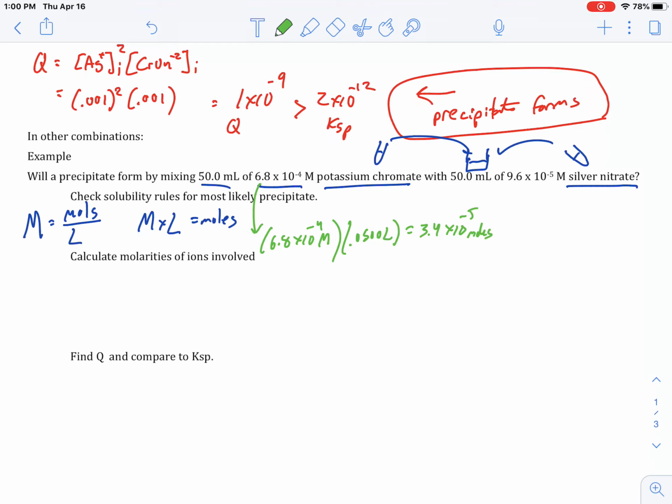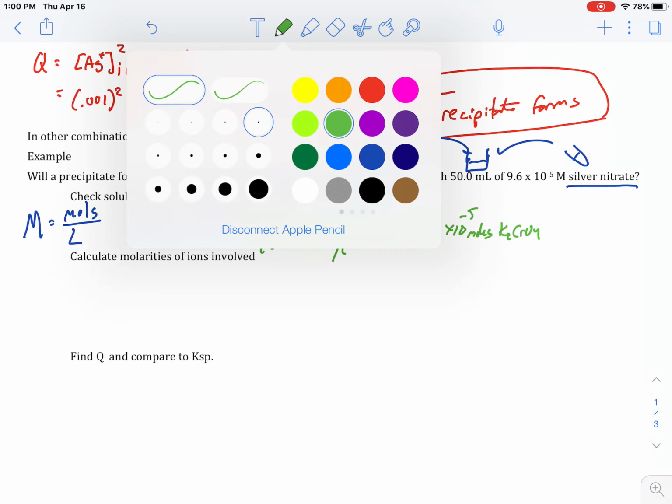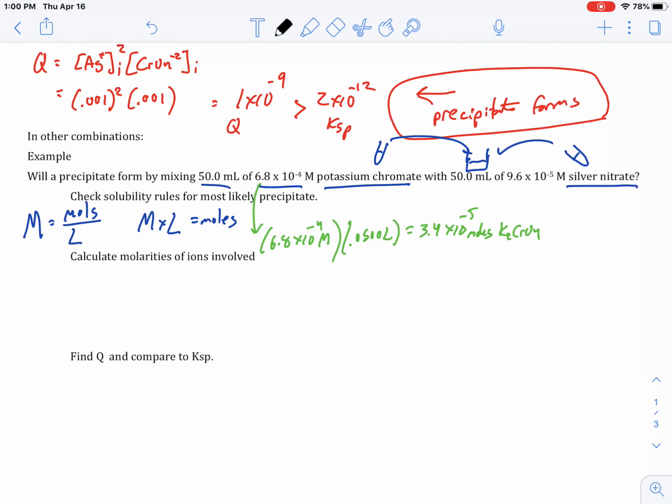moles of potassium chromate. Now, in our solubility equilibrium equation for silver chromate, it was chromate, not potassium chromate. Let me rewrite the equation here since it's off the screen.